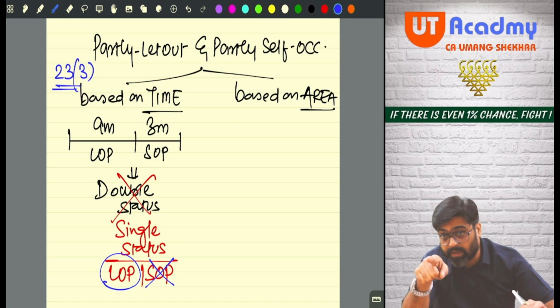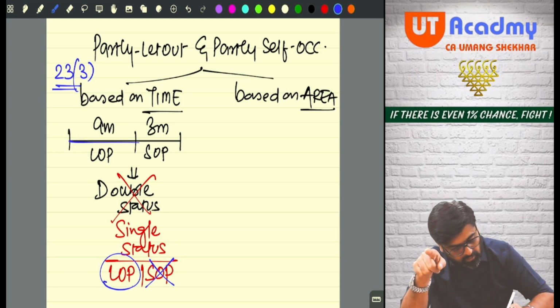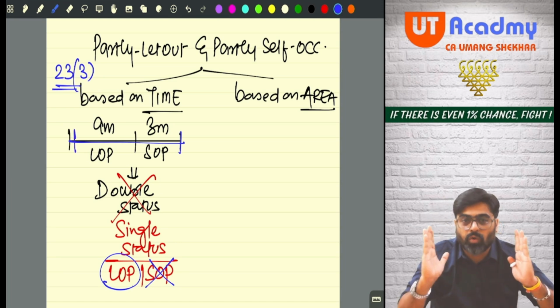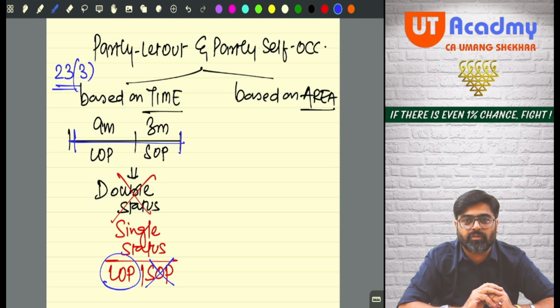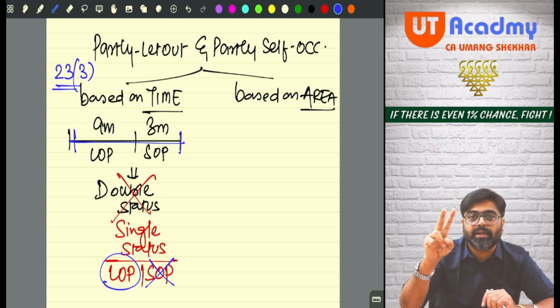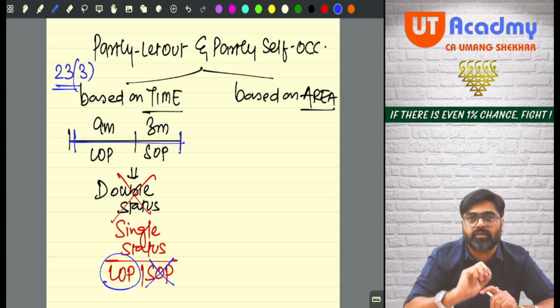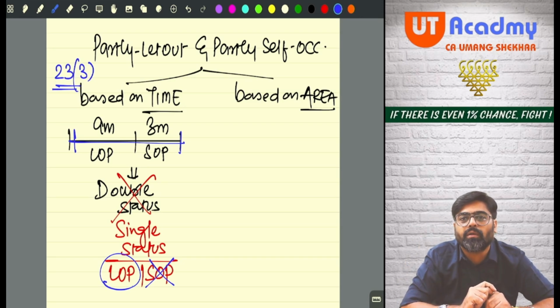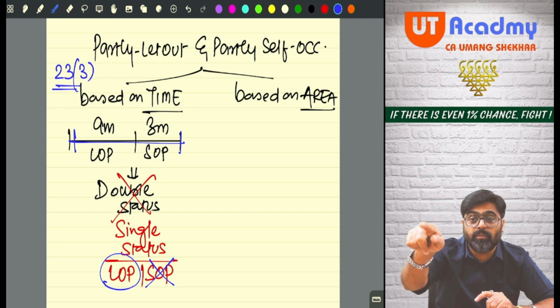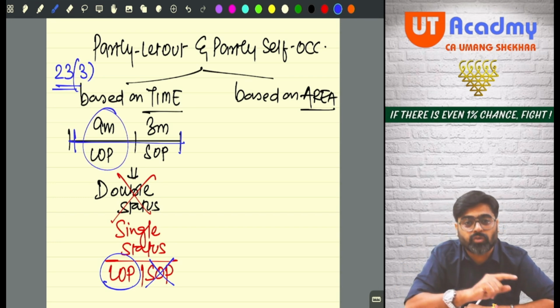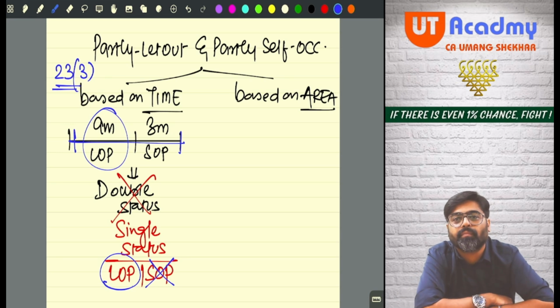Now expected rent in this case will be for the full 12 months, because the ownership of the property is for full 12 months. So municipal value, fair rent, standard rent, all the amounts for 12 months, expected rent will be for 12 months in this case. Actual rent will be for how many months? Let out period was 9 months. Actual rent will be for 9 months.